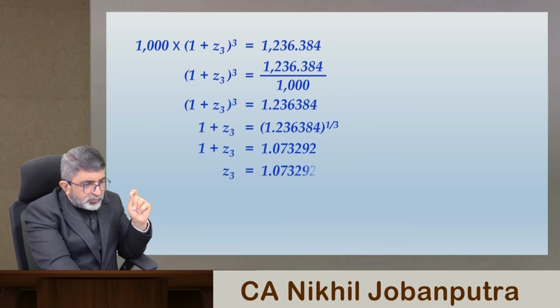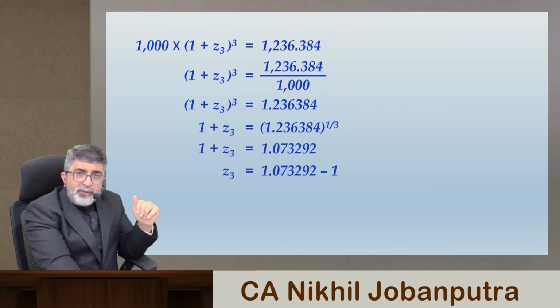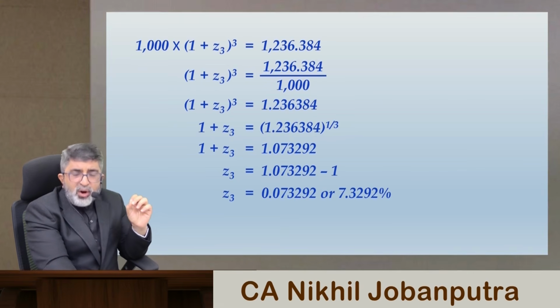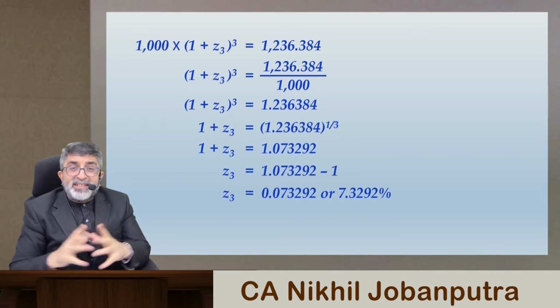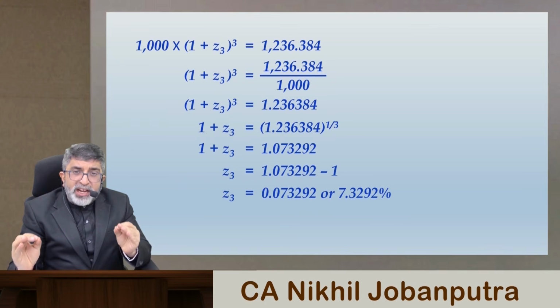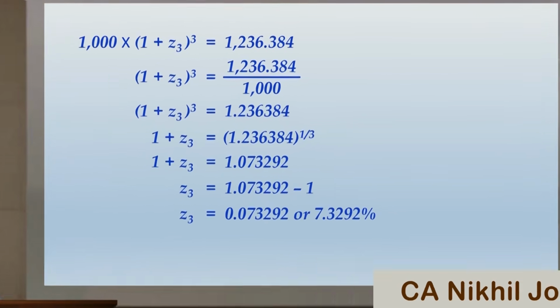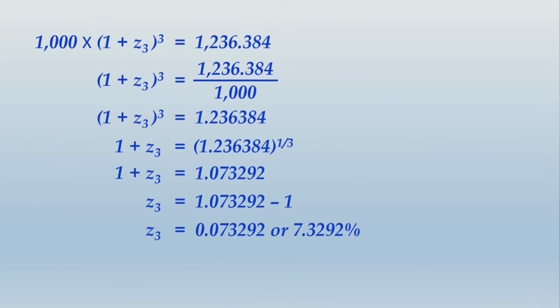So subtracting 1 from that, you will be getting the Z3 value as 0.073292 or 7.3292%. So 7.3292% is the correct answer. So quickly take note of this in case you haven't done it yet.